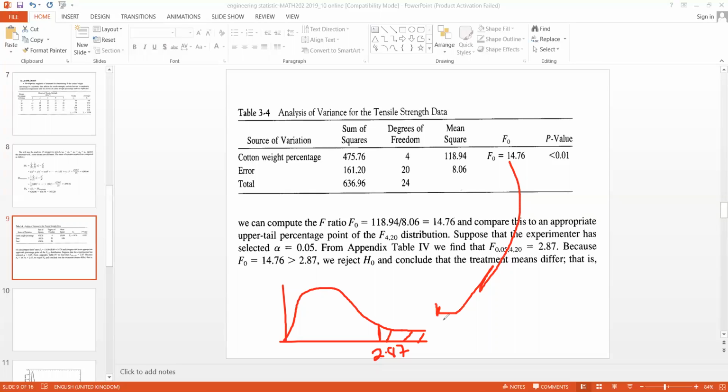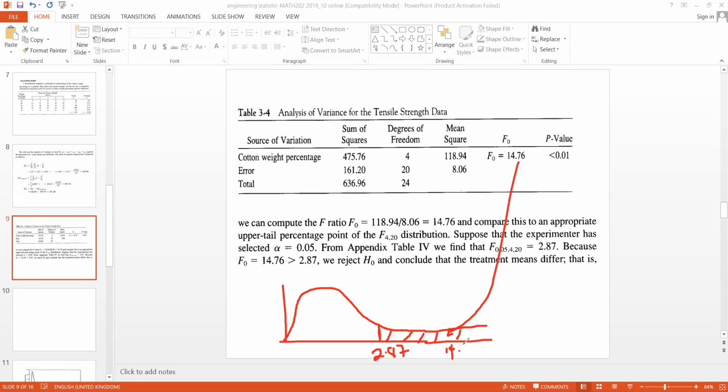Now, if we compare the F value we just calculated, the statistic value, 14.47, when we plot it on the curve, it will lie way on the right in the rejection zone. It will lie somewhere here.